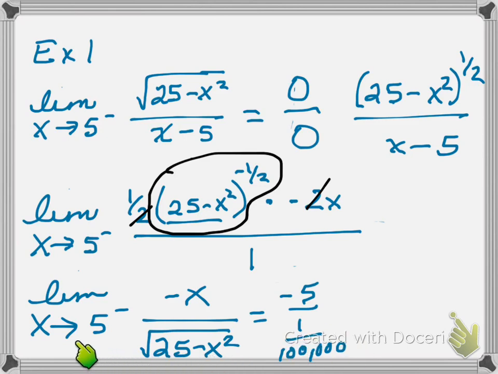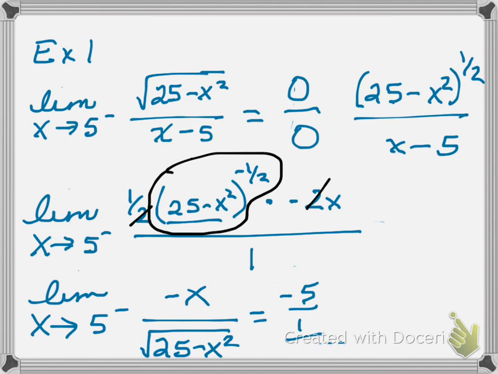So remember, this is a limit as x is approaching 5 from the left-hand side. As you're approaching 5 from the left-hand side, this quantity right here is getting insanely small. So rather than put a 0 there, think about it as 1 over infinity or 1 over an insanely large number. And so then if I were to flip and multiply, I would get an insanely large negative number, however you want to think about it, and therefore my answer would be negative infinity.